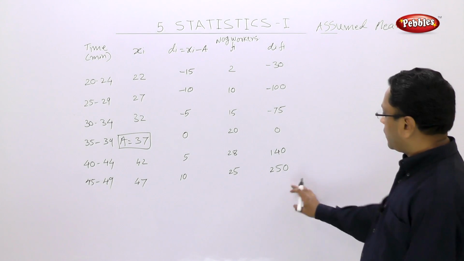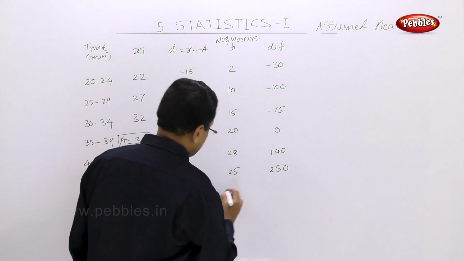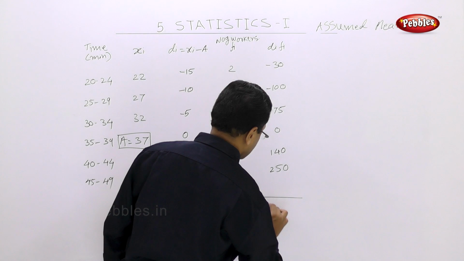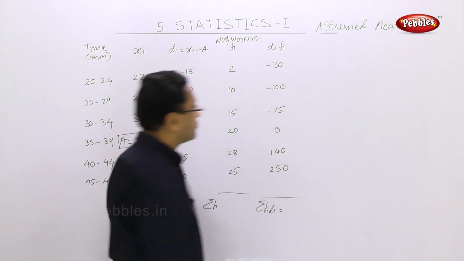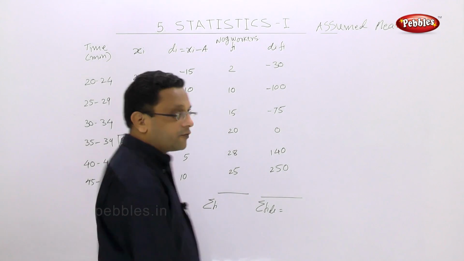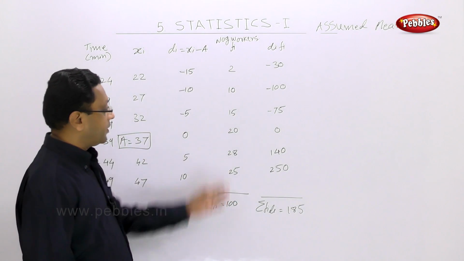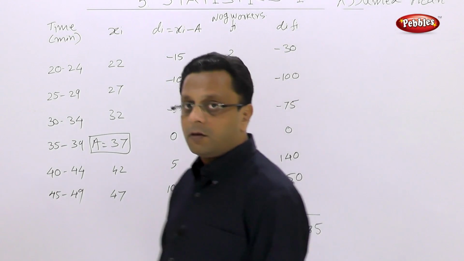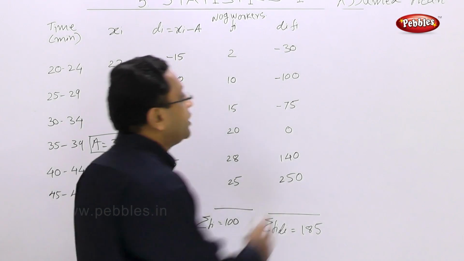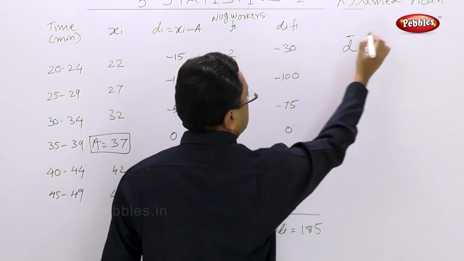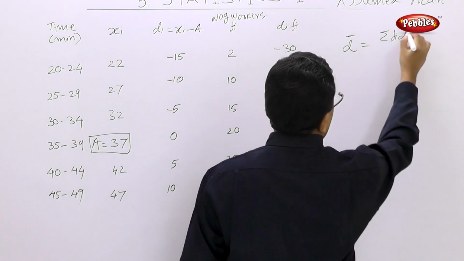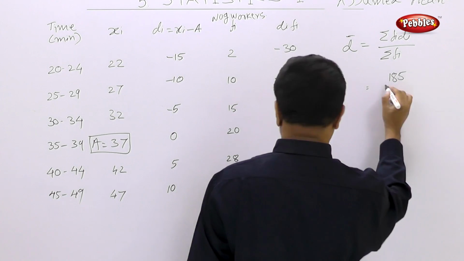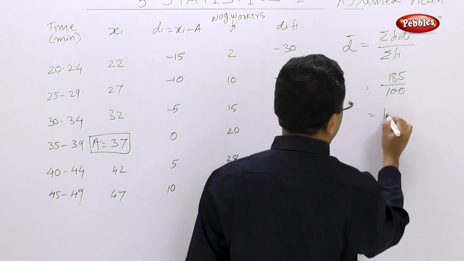Okay. Now, of course, sigma fi and sigma fi di. Find them fast. Sigma fi is 100, sigma fi di is 185. Now how will you find the mean? Since we have shifted to d, we can find d bar equals sigma fi di upon sigma fi, that is 185 upon 100, that is 1.85.